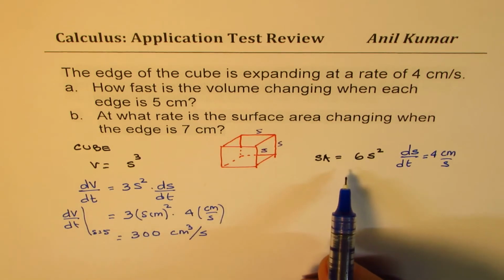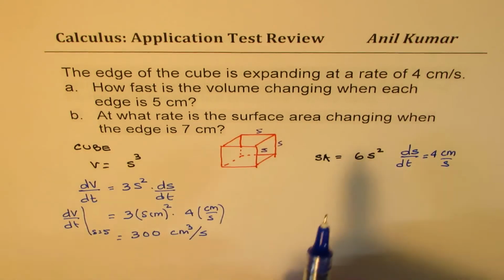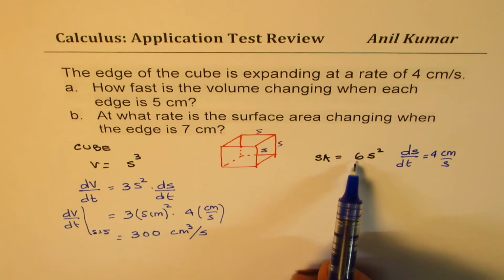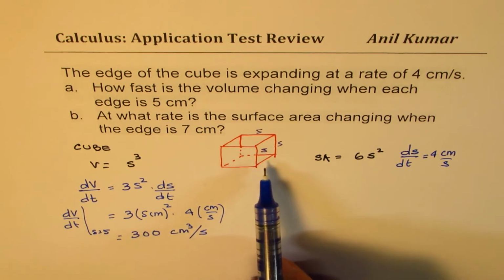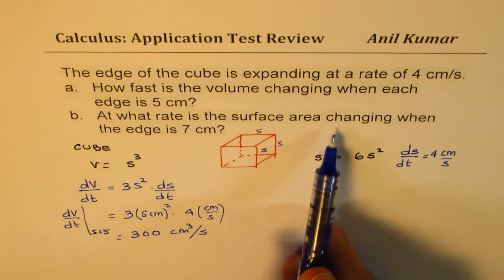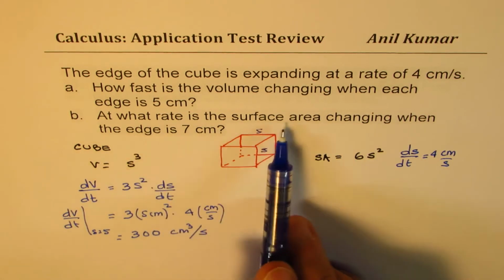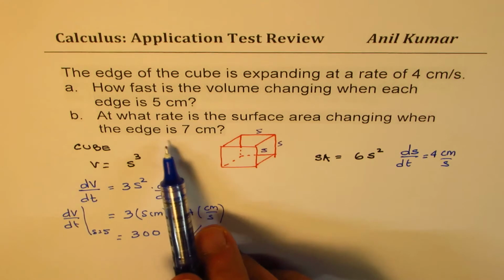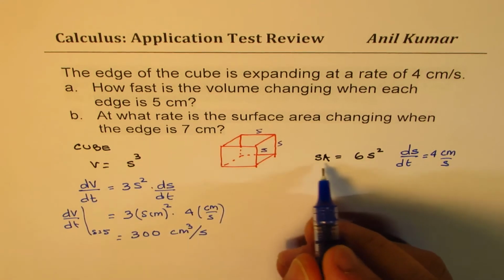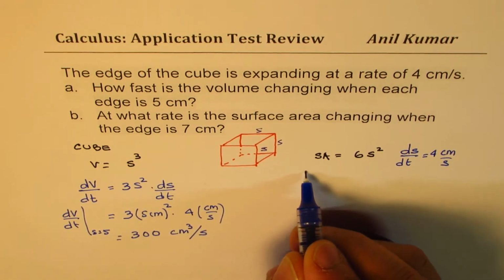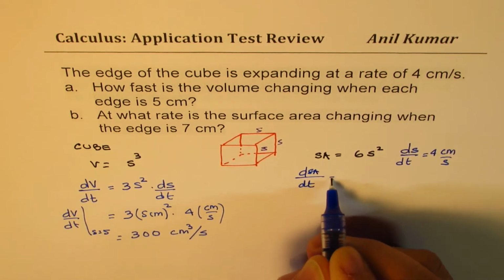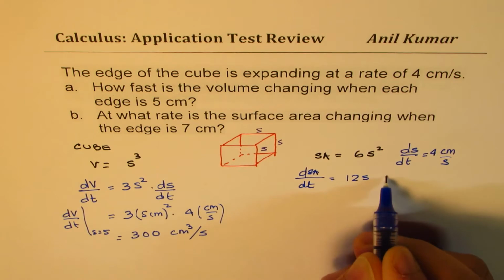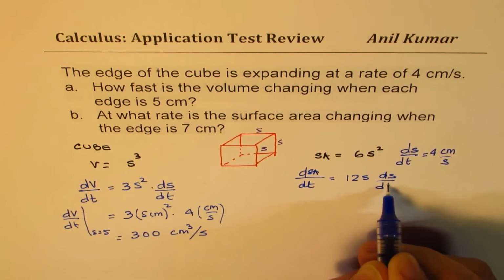Now the second question here is based on surface area. Formula for surface area is 6 S square. Each surface is S square. There are 6 surfaces, and we want to see at what rate the surface area is changing when the edge is 7 centimeters. So let's find the rate of change of surface area. So the rate of change of surface area with respect to time is 12S dS dt, correct?